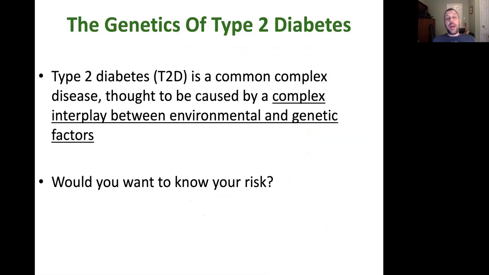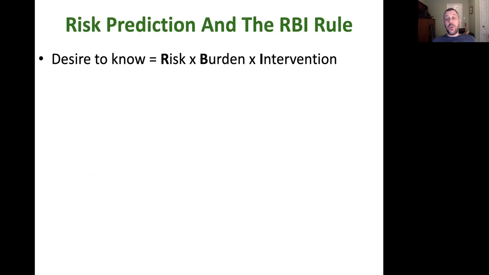When you're thinking about genetics and its ability to predict whether or not you will get a disease, you have to think about whether or not you would want to know what your risk is going to be. And when we talk about any genetic disease, this little equation gives you a framework with which to think about whether you want to know the answer to the question of your personal risk.